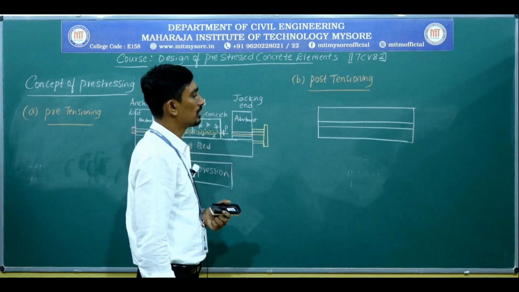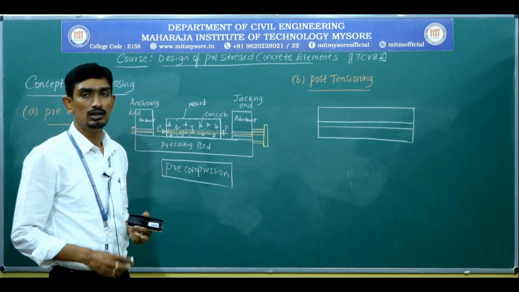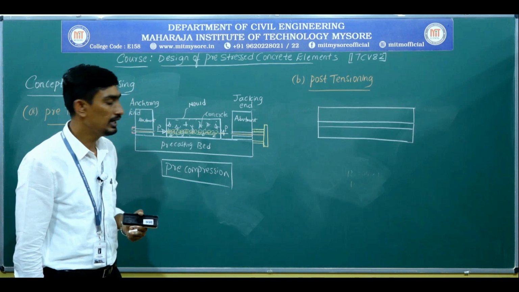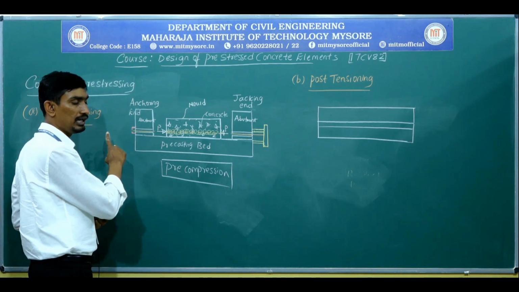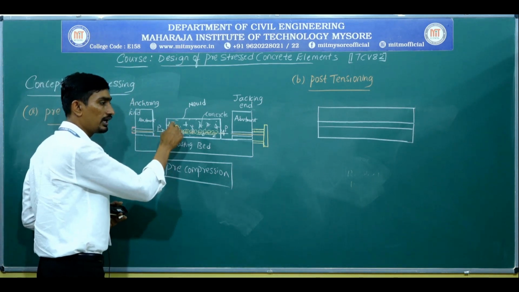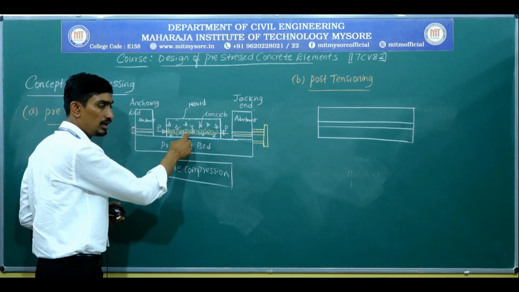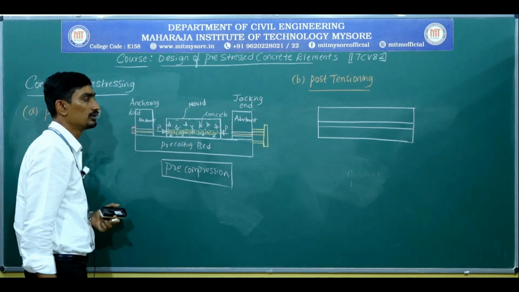Now the concept is exactly alternate to pre-tensioning. In pre-tensioning, first the tendon is stretched, anchored and pre-tensioned, and later the concrete is poured.